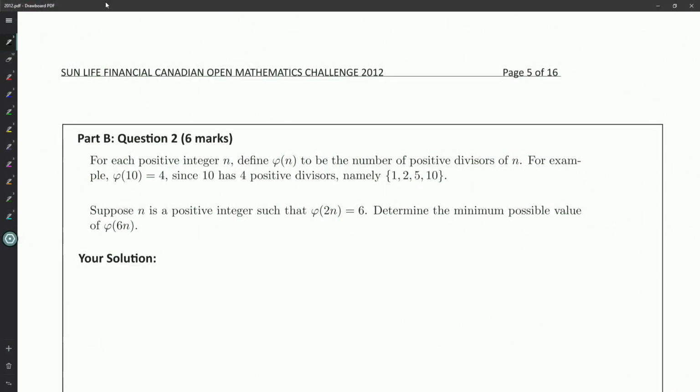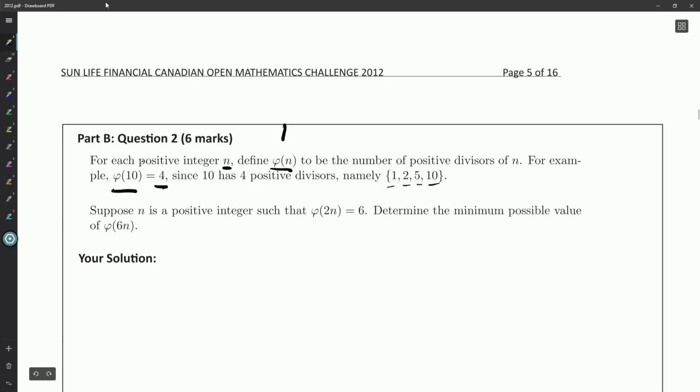Root Beer here, looking at B2 on our 2012 open paper. What have we got for B2? For each positive integer n, define phi of n to be the number of positive divisors of n. For example, phi of 10 is 4, because 10 has 4 divisors: 1, 2, 5, and 10.